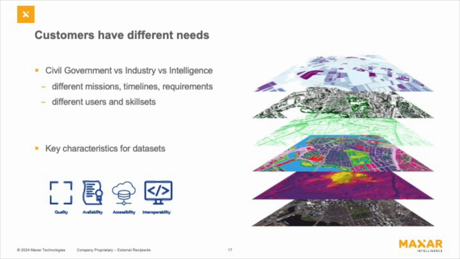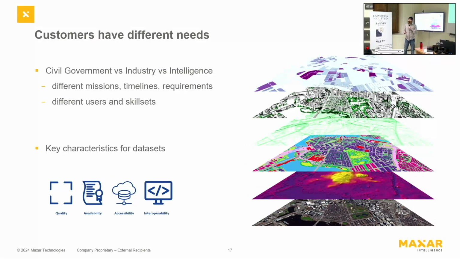And there are different types of customers. If you're civil government, industry, or intelligence, your goal is different than mine. We have different missions, timelines, requirements, and also different skill sets. So again, if you work for an insurance company, you might not care if the data is calibrated.